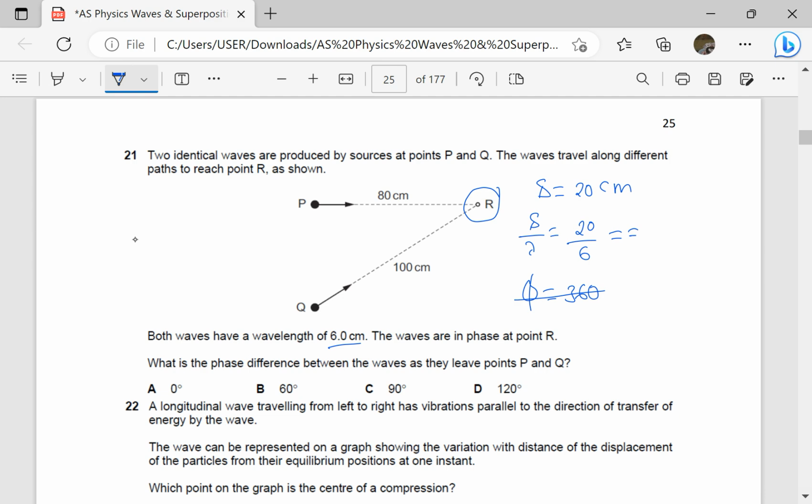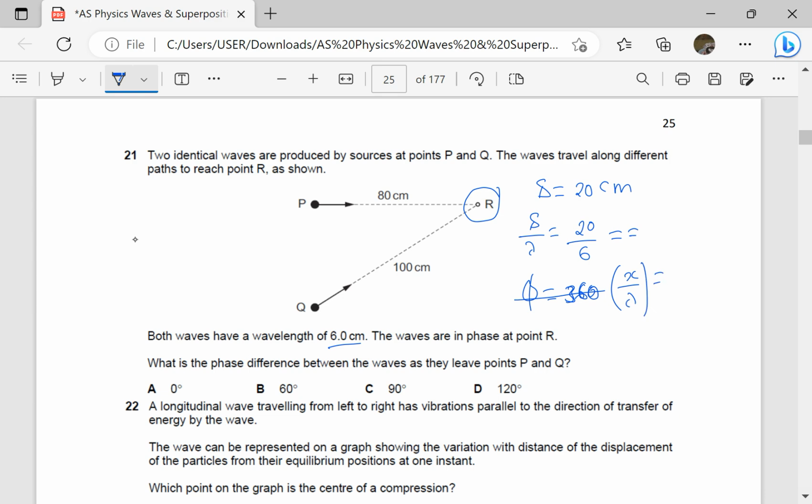Let me see the easier way to do this. So if they arrive in phase here and the path difference is 20, the phase difference will be 360 degrees times x over wavelength.